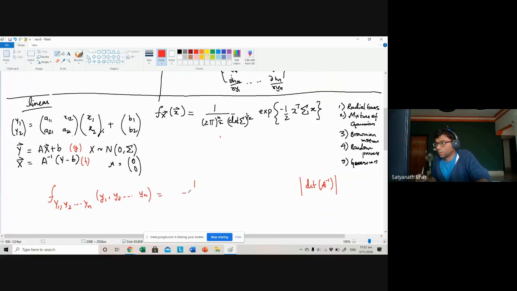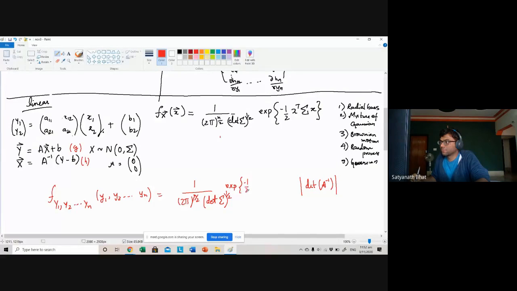So this will be 1 over 2 pi to the power of n by 2, determinant of sigma to the power of half. Now wherever x comes, I am going to replace it by A inverse.